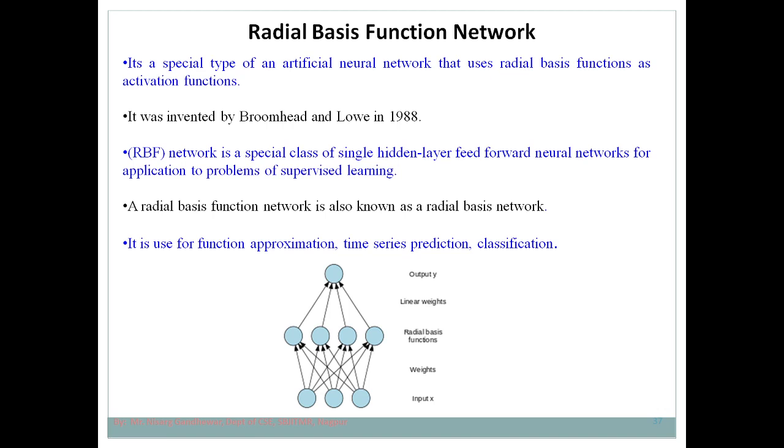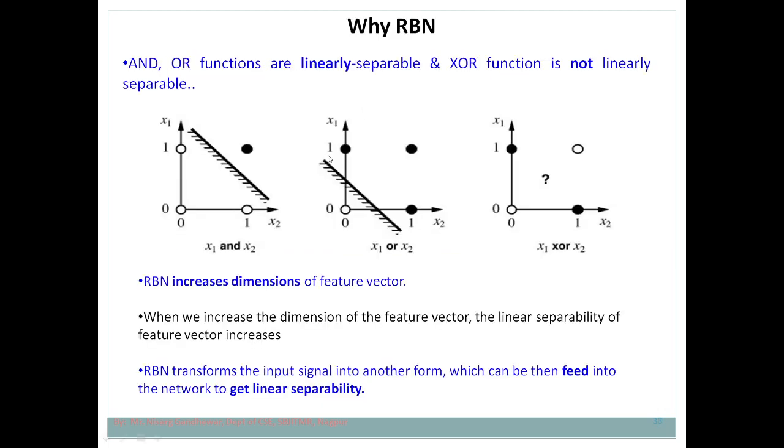You will use RBN for function approximation, time series prediction, and specifically in the case of classification problems, because I just showed you the example that in a classification problem you want to draw a particular line which linearly separates your data set. Linearly separable data is important to have good accuracy in classification problems.